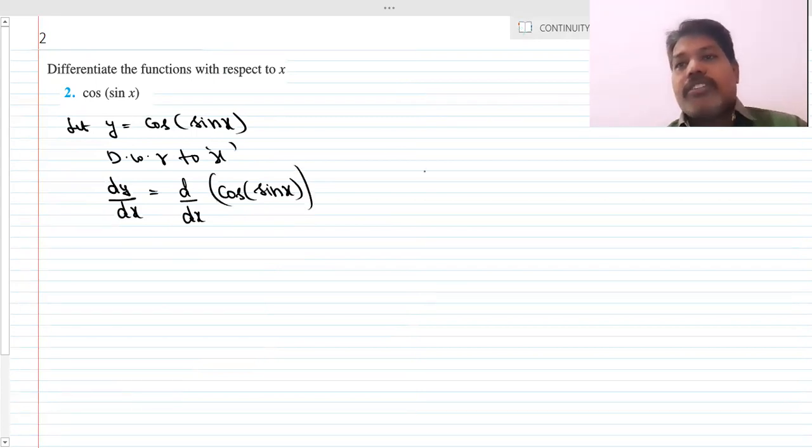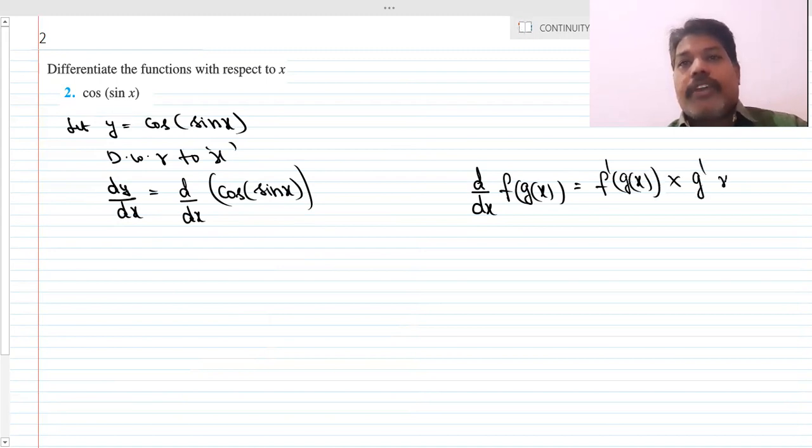It is in the form of, once again I am writing the formula, the derivative of f of g of x. The derivative of f of g of x is nothing but f dash of g of x into g dash of x.